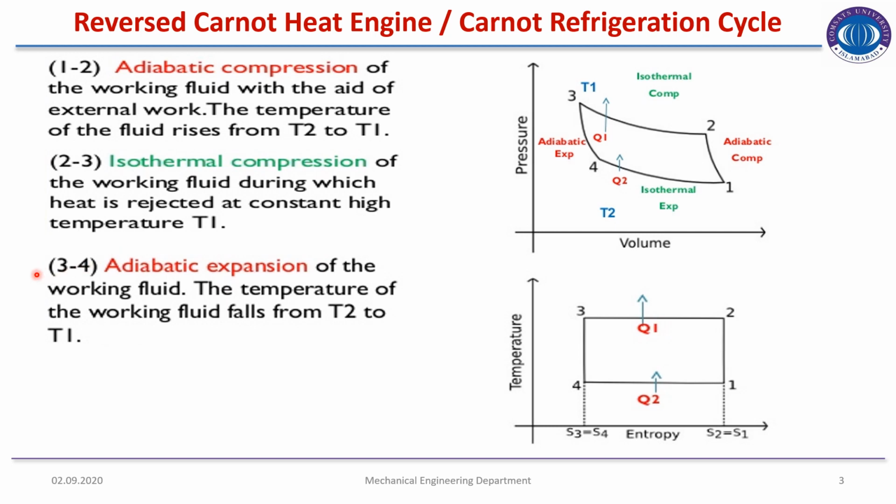For process 3 to 4, adiabatic expansion of the working fluid, the temperature of the working fluid falls from T1 to T2. So during process 3 to 4, that is adiabatic expansion, the temperature will decrease from T1 to T2.